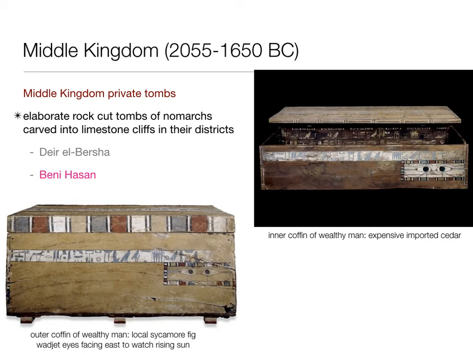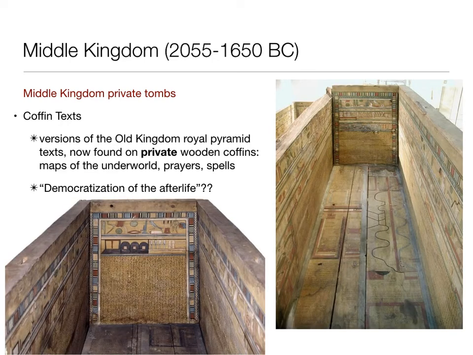Inside of these coffins, we see texts that are similar sorts of spells and prayers, trying to help guide the deceased into the afterlife. You can just have these within the comfort of your own coffin.